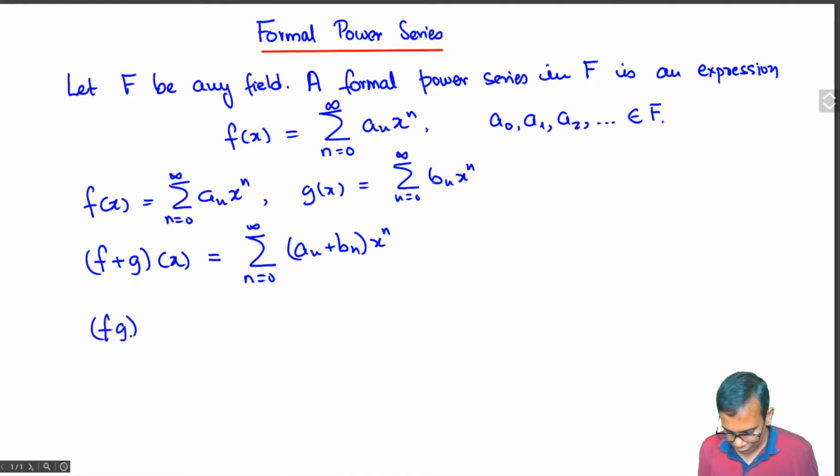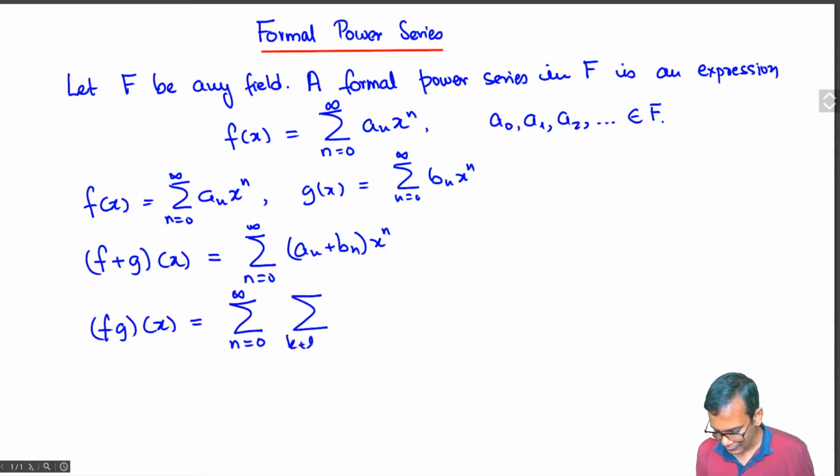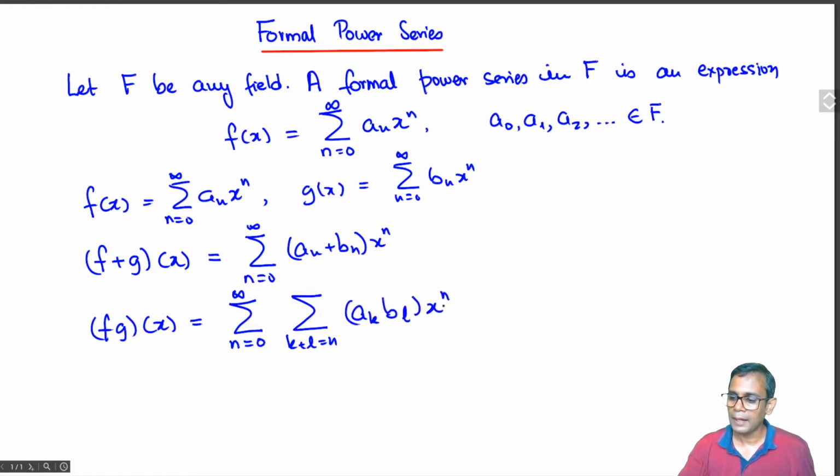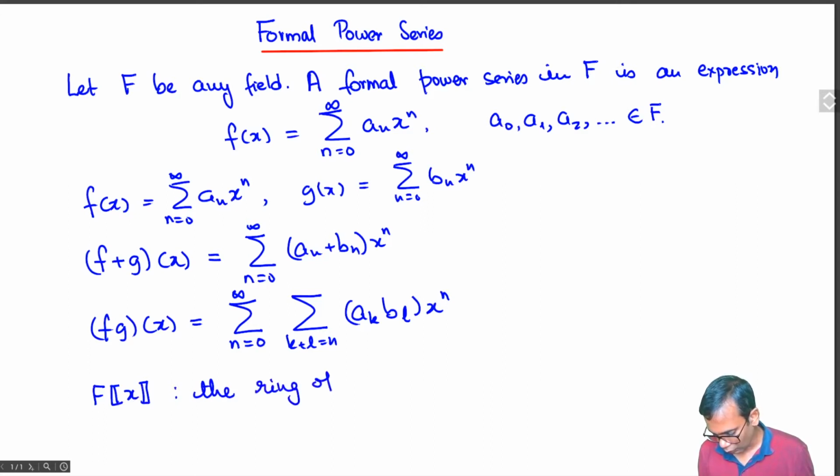And multiplication is defined much the same as the way we define multiplication of polynomials. So this is the sum, n goes from 0 to infinity, of the sum over k plus l equal to n of a_k b_l, times x to the n. With these notions of addition and multiplication, we denote by F double square brackets x the ring of formal power series.